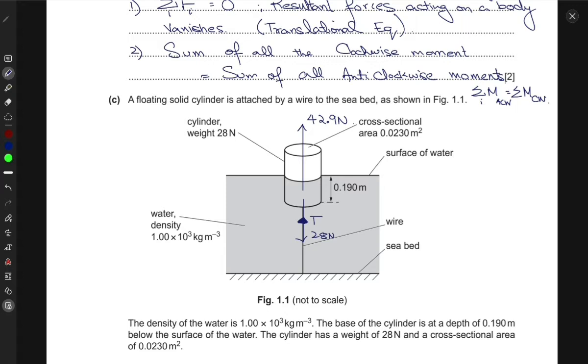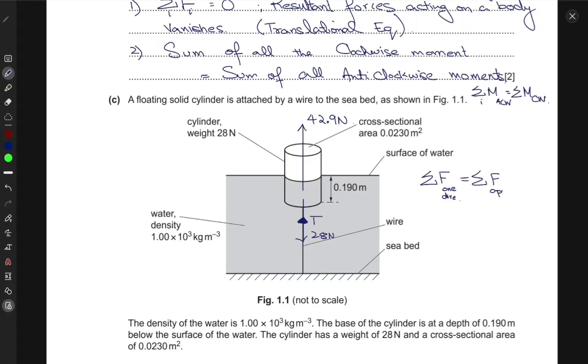So you can see that if I remember that this is in equilibrium, then I can immediately use the relation that the sum of all the forces in one direction should be equal to the sum of all the forces in the opposite direction. Let me write it down.